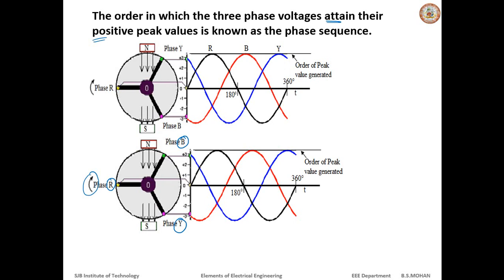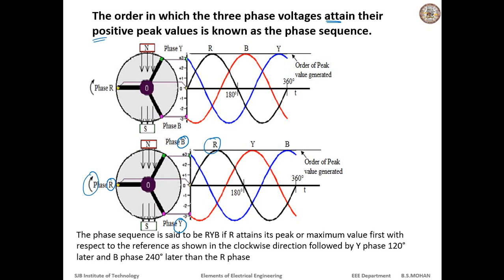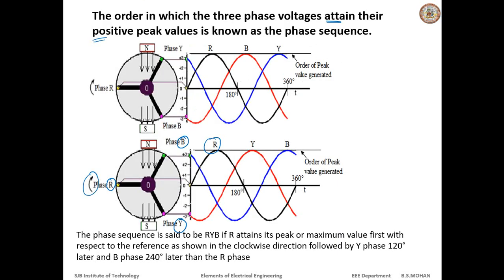B has already left, so phase R would come first, and then after R, we'll have phase Y. After Y, we'll have phase B coming under the north pole. So the phase sequence is R, Y and B.